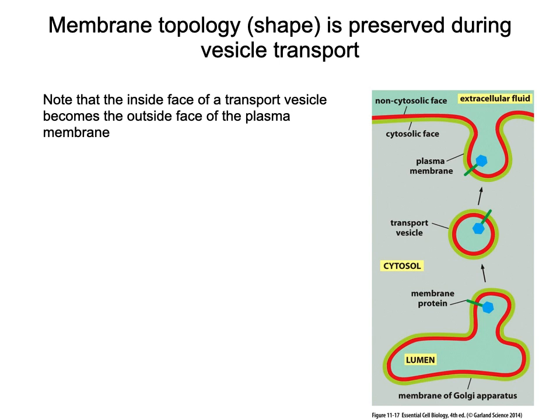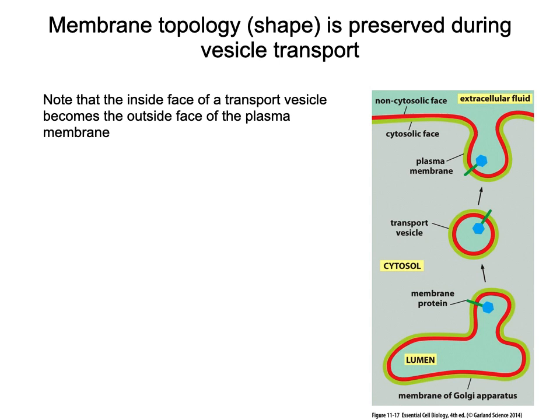Okay, so what we're seeing here is that what is inside of a transport vesicle, or what's inside the lumen of the Golgi, is going to end up being in the extracellular fluid on the outside of the cell. So this figure has the inside, the lumen of the Golgi marked in the red, right?